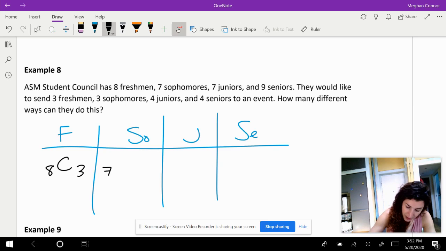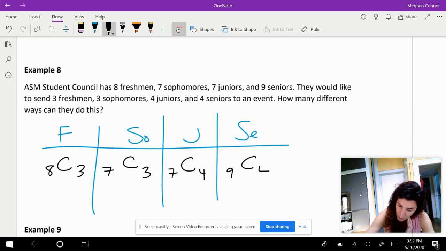We have a total of 7 sophomores, and we're choosing 3 of those as well. We have a total of 7 juniors, and we're choosing 4. And then we have a total of 9 seniors, and we're choosing 4 of them to go as well.